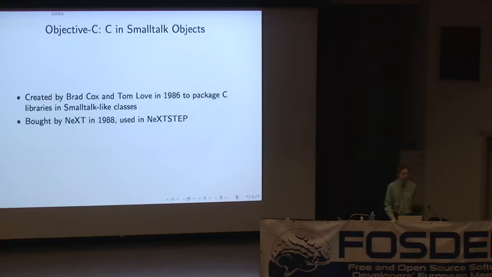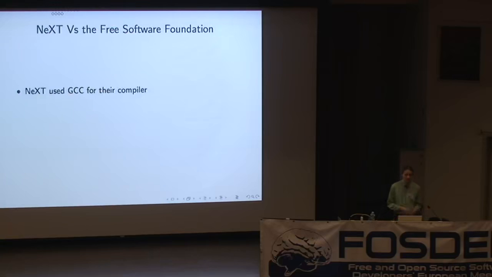And NeXT bought his company, and they bought the Objective-C trademark, and they shipped it as the core development system for their workstations. And people who bought a NeXT workstation really, really liked it. And NeXT and the Free Software Foundation had a little falling out at around this time.